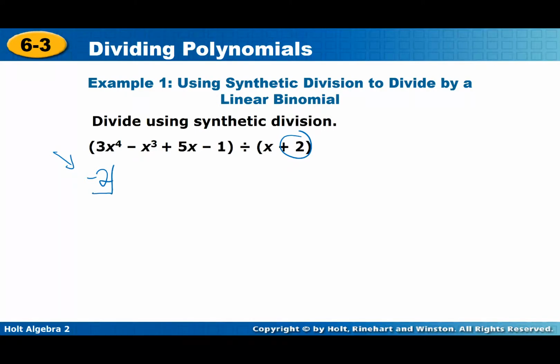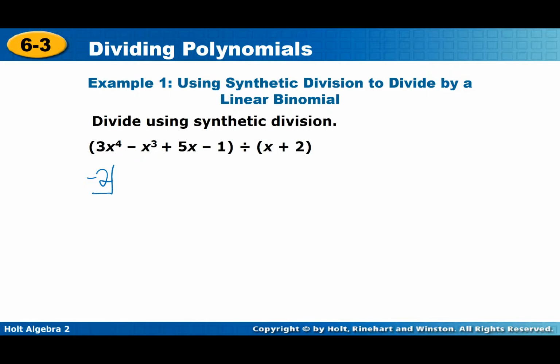And that's the number that's going to go in this box over here, okay? So if it was x plus 4 that I was dividing by, then negative 4 would be my a value. If it was x minus 7, then it'd be a positive 7 I would use as my a value. So just change the sign.